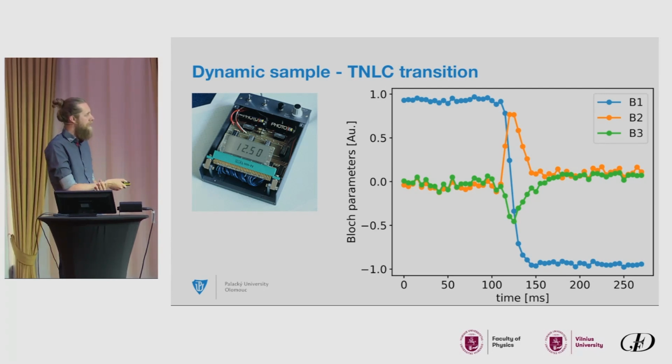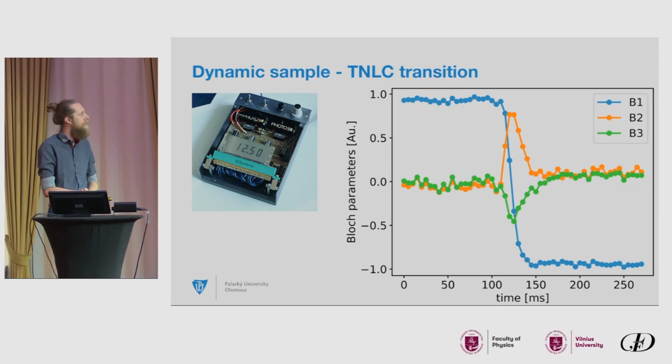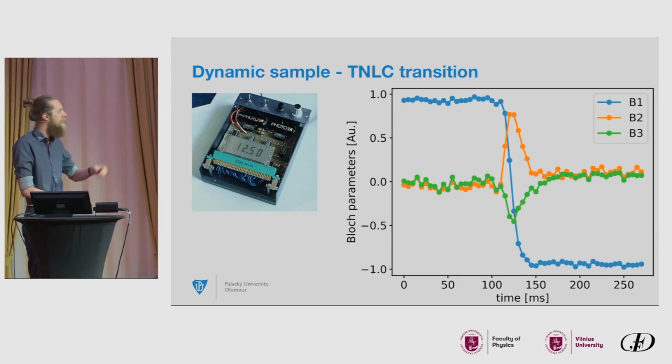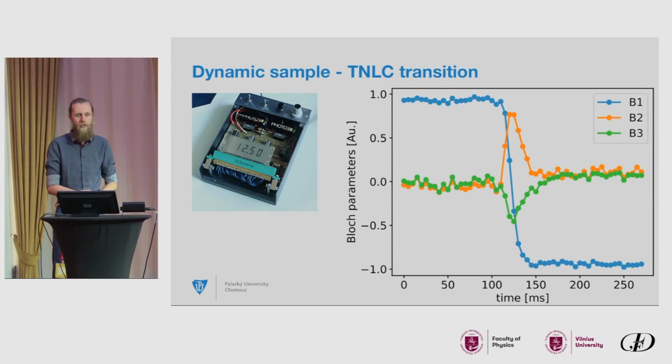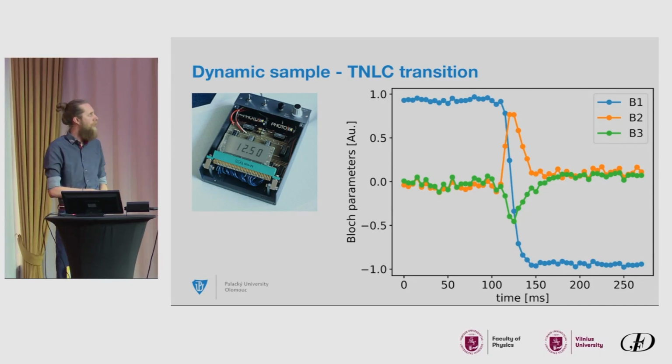In this case, it took like 50 microseconds, and the key role here is that we need to measure the polarization in each point in a single shot measurement, because you need to pick the whole statistic from the single point.